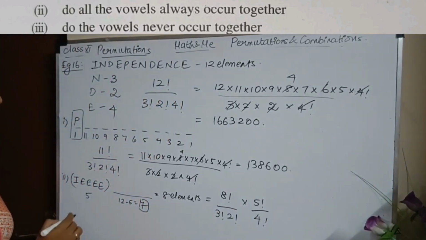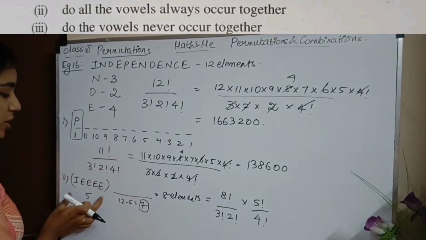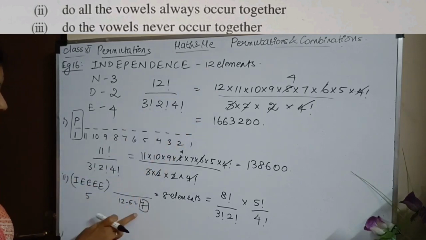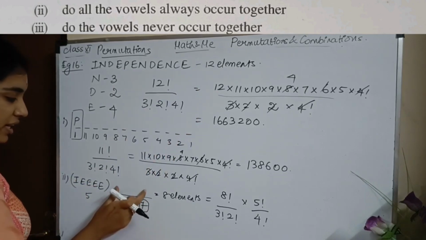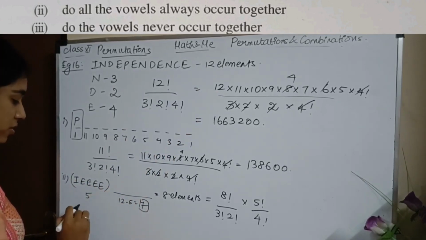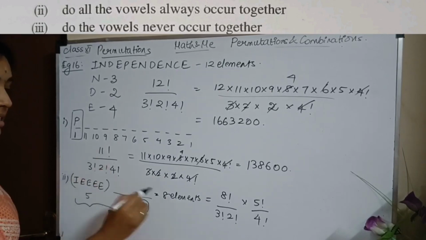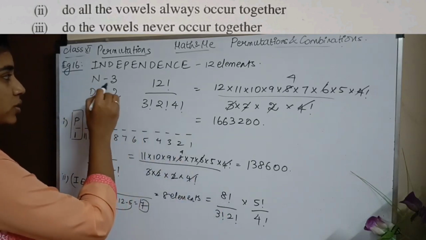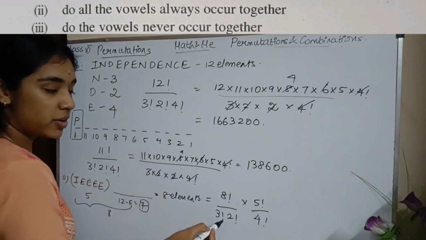Okay, is it clear? All the vowels should be together, so this is taken as one element. How many elements are remaining? 12 total. So 12 minus 5 is 7. So I have 7 elements here plus 1 element here, so in total I have 8 elements. So I can arrange in 8 factorial ways. But I have 3 N's and 2 D's, so I need to omit the factorials.